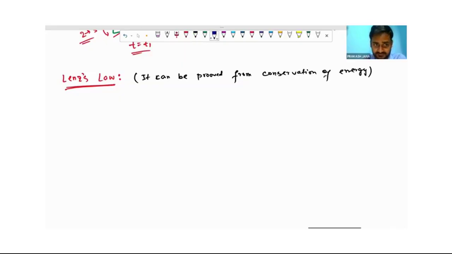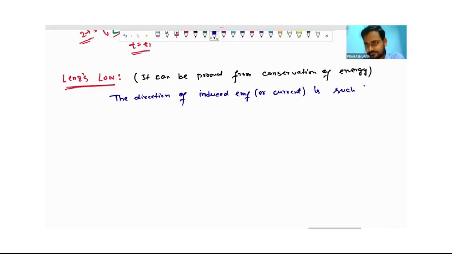So what the law says is, the direction of induced EMF or current, we can say, is such that it opposes the cause that produces it.